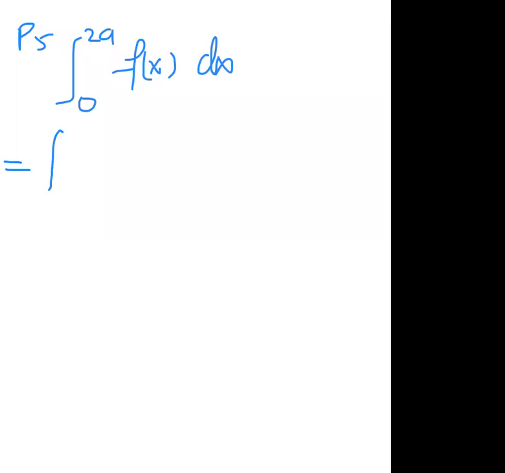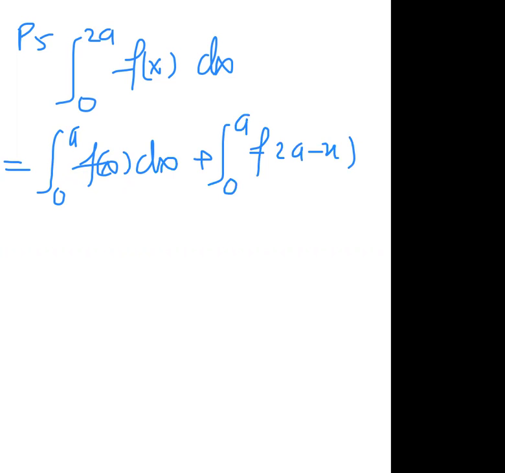So P5. Property number 5 is integral from 0 to 2a of f(x) dx. This could be written as integral from 0 to a of f(x) dx plus integral from 0 to a of f(2a minus x) dx.